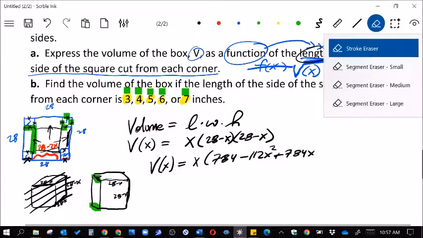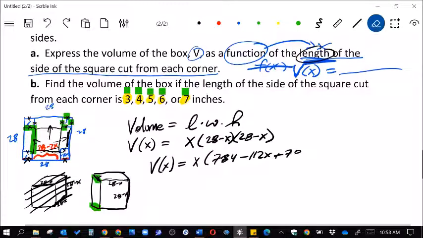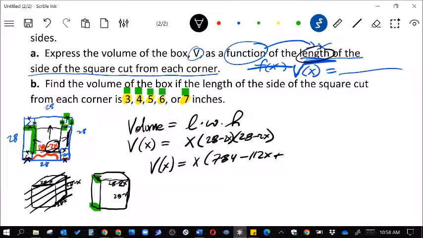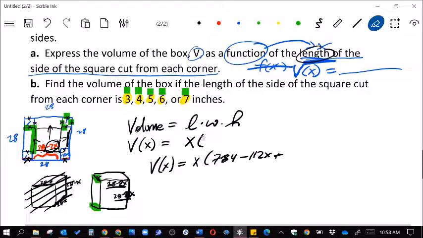Hold on, I am trying to jump ahead. Watch out, because these should be x's. Come back a second, and I apologize for misleading you here. Notice that was minus 2x, so I forgot to write minus 2x. So it's 28 minus 2x on each of these, the length and the width. So I need to write that here.